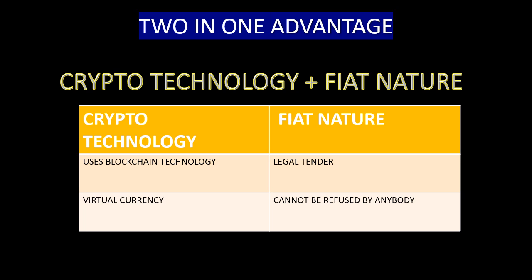And central bank digital currency will be using blockchain technology. It is like a virtual currency. Physical currency, paper notes, we hold in our leather wallet. But in case of central bank digital currency, we will be holding the currency in digital wallets. It is a legal tender and nobody can refuse to accept central bank digital currency.